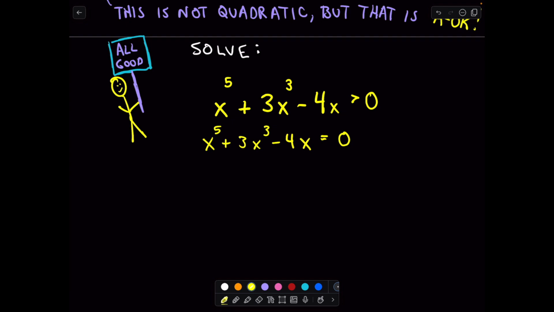So in general, no matter what it is, the first thing I try to do is set it equal to 0 and factor. Now notice I could factor an x out. I would have x to the 4th plus 3x squared minus 4 left over. So now I would think, does this factor?